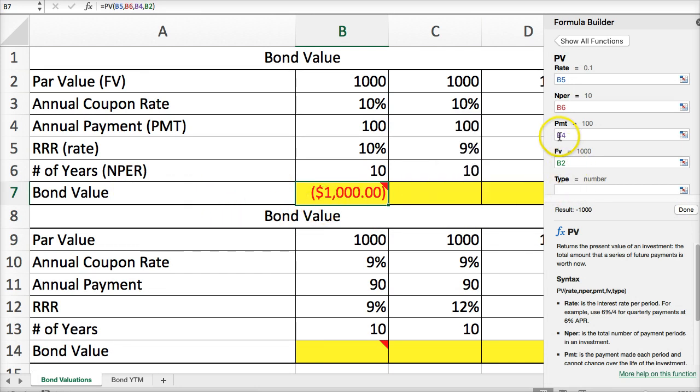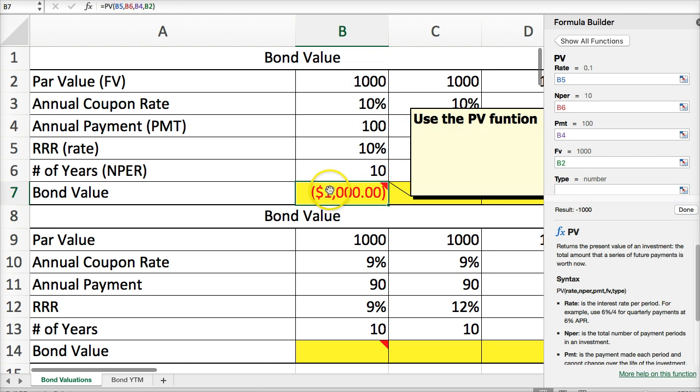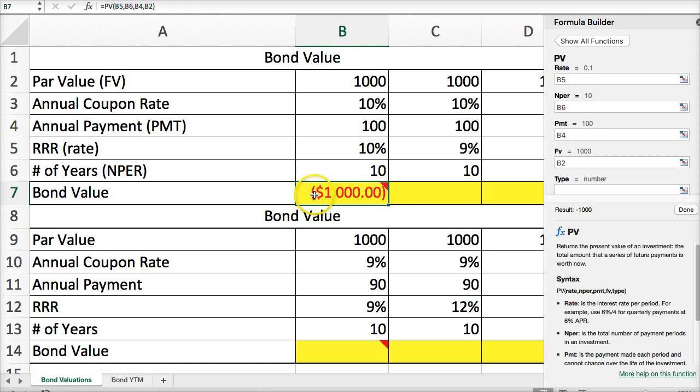That's just because that's how Excel calculates the present value. So this just means, it doesn't mean a negative 1,000, it's just because it's a present value.